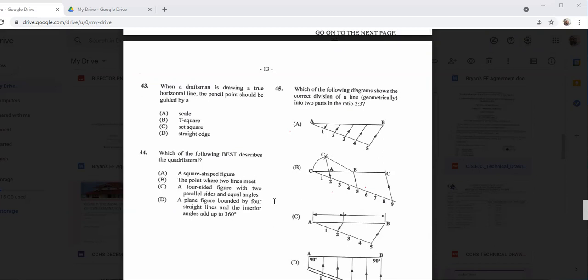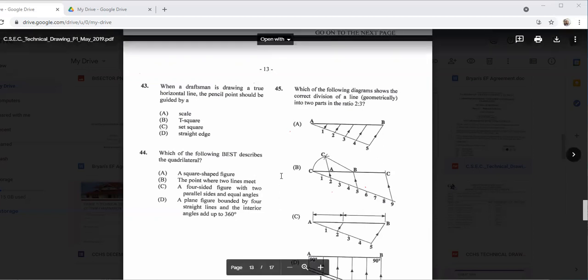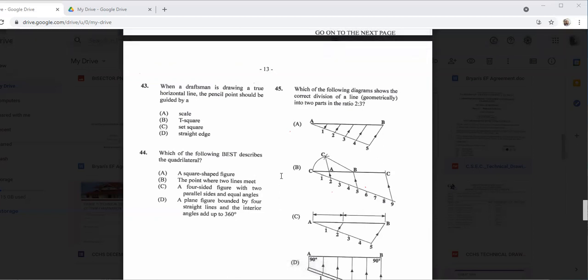Any four-sided figure is referred to as a quadrilateral, quad or four. A triangle has three sides. A polygon has five or more sides.